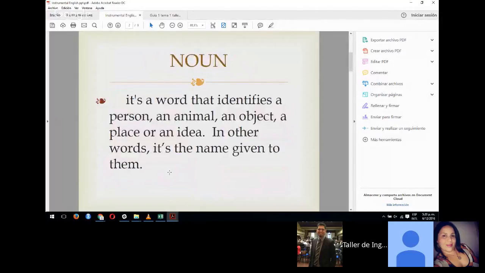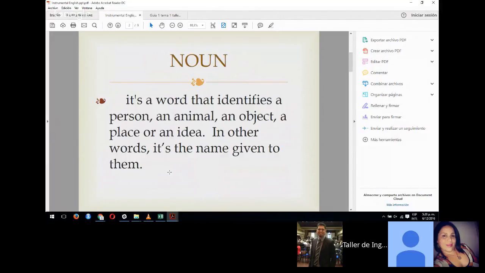Today we are going to see just nouns. A noun, as written here, is a word that identifies a person, an animal, an object, a place, or an idea. In other words, it's the name given to them.